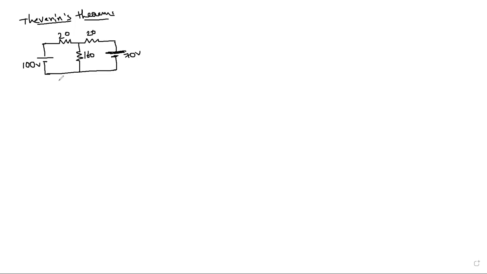So now we need to find out the equivalent circuit. First, you need to draw the equivalent circuit. Thevenin's theorem states that any linear bilateral network containing different voltage sources and resistances will be converted into a simple equivalent circuit containing an equivalent voltage source in series with a resistance, right?